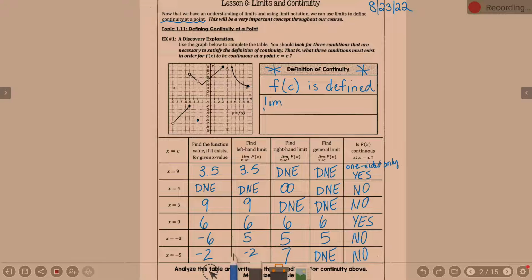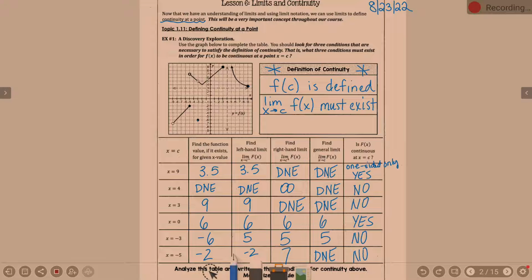The limit as x approaches c of f of x must exist. What do we mean there? Yeah, this is the way of saying the limit from the left and the limit from the right must be equal.